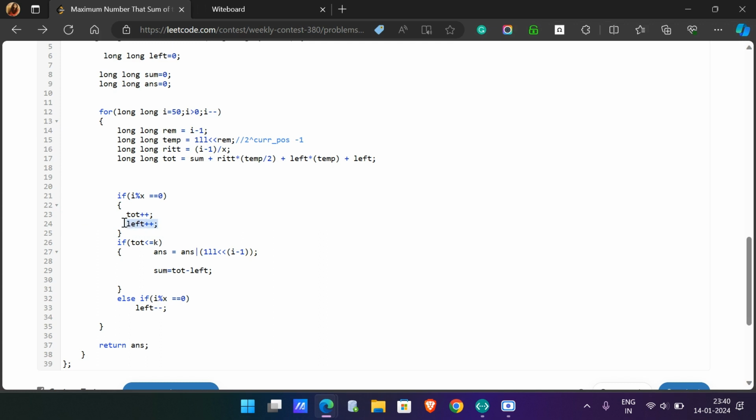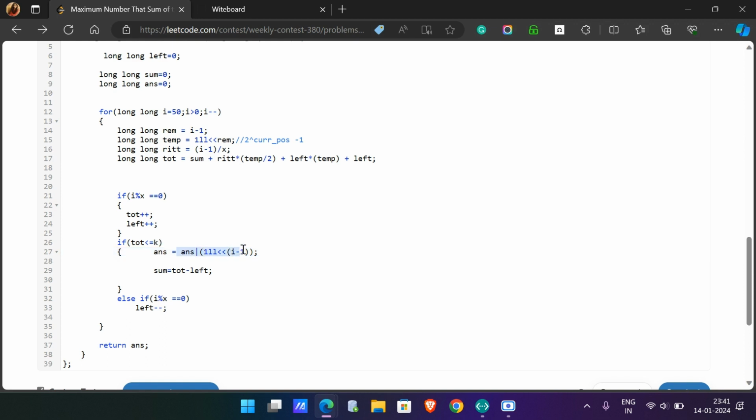So I'm just adding 1 to this. Now, if the total that I'm having now is less than or equal to k, am I able to put one over here or not? If the total price that I'll get if I put one over here is less than k, then yeah, I wanted to find the maximum answer, so I'll put one over here.